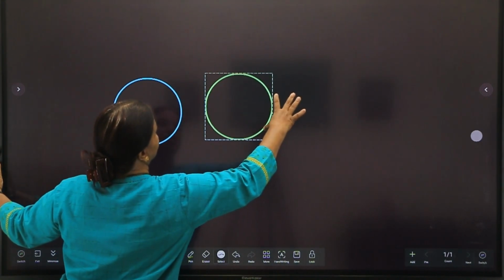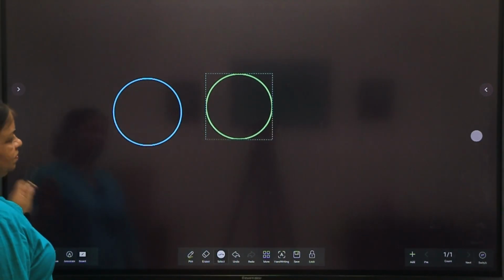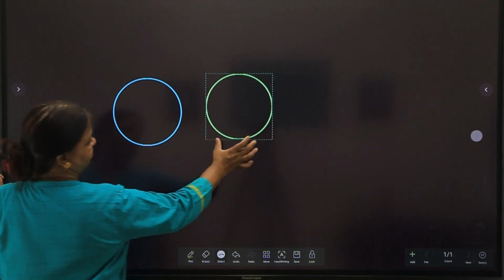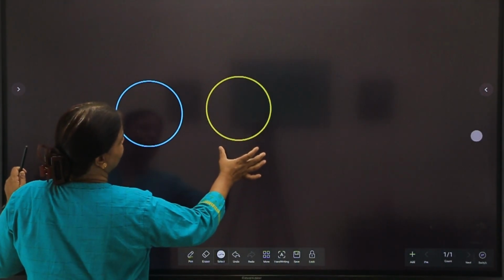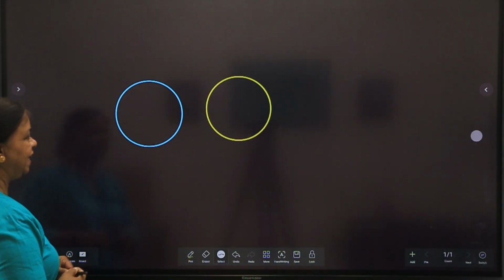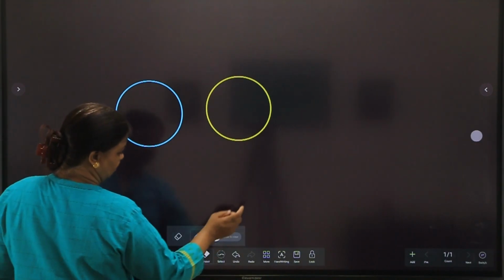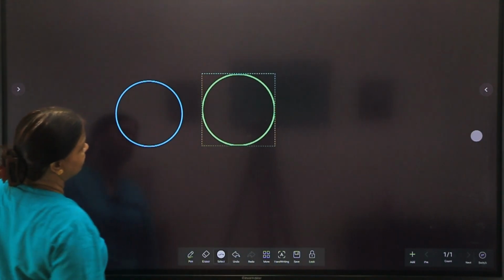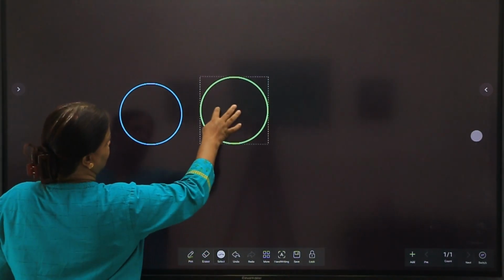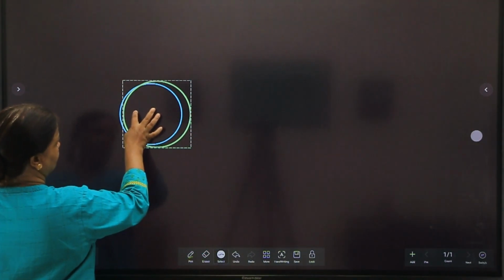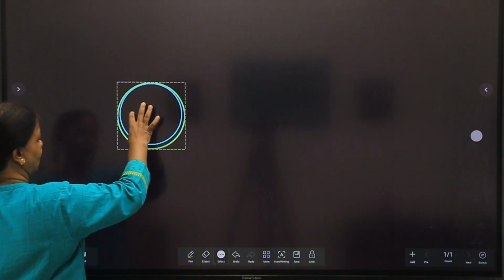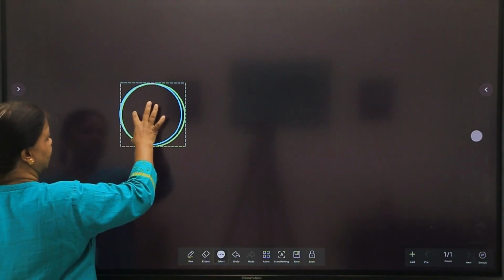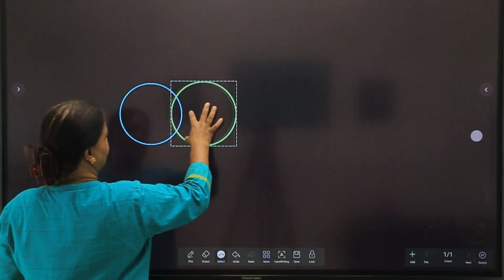These are the two circles with the same radii. I did it like this so that both circles are of the same radii. They overlap one another, which means they are of the same radius. Clear?